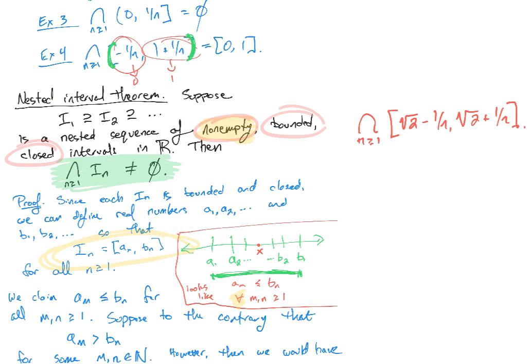There you go. So, I've got a question about that. When you talk about saying in the rationals, how come you can use the square root of 2 in defining this interval?